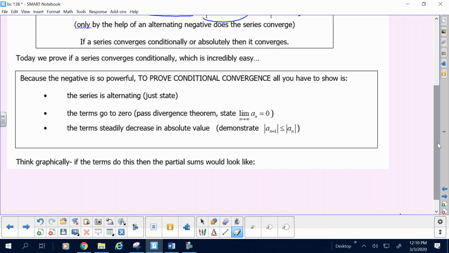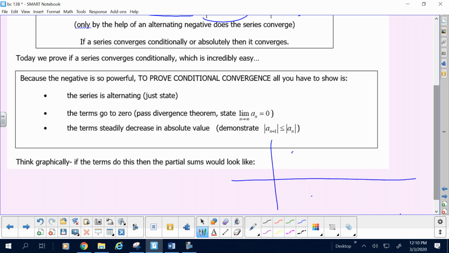I'll show you what I mean in as far as what the work should look like. But if terms do these things, they alternate, then they'll go back and forth. If the terms go to 0, then, by the way, this represents the sums as you add more terms. Okay?